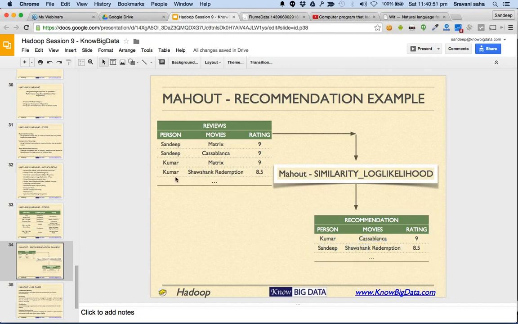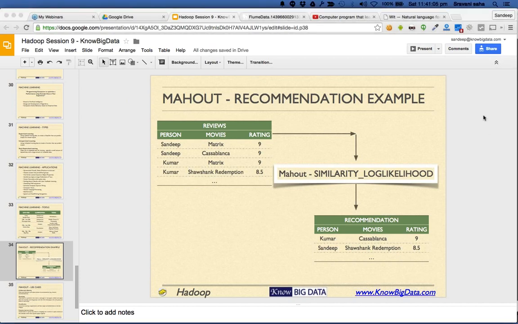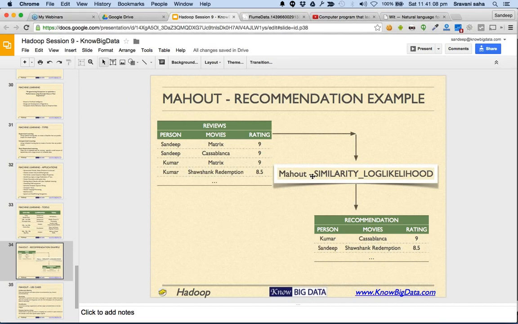It could be based on understanding of the user attributes, such as these two users are closer to each other because their movie likings are similar, and so on. We'll take up this example tomorrow.